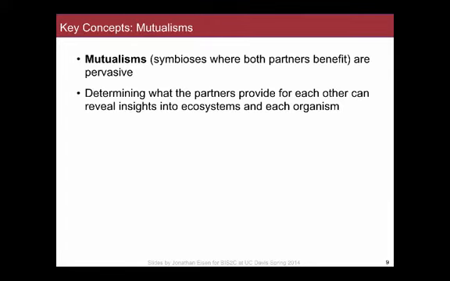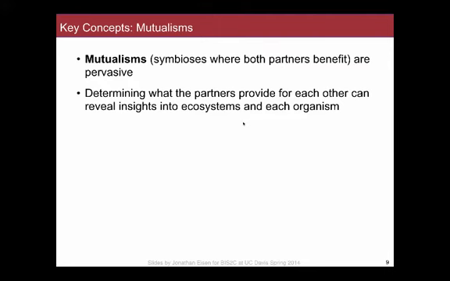So you should remember mutualisms, symbioses where both of the partners benefit. And one thing that's really useful to think about when we talk about mutualistic associations: if you have some idea that there is a mutualistic association between 2 organisms, you don't always know what the partners are providing for each other.